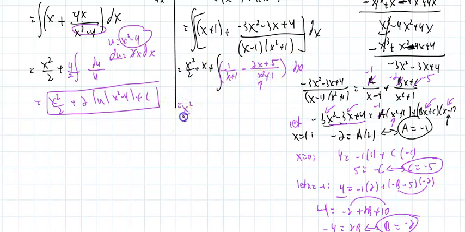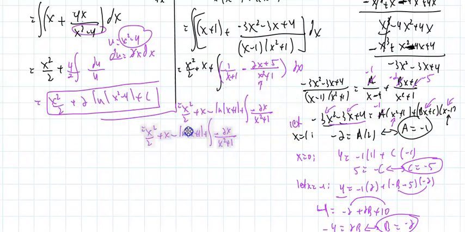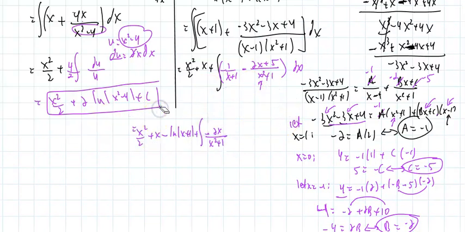So that is x squared over 2 plus x minus natural log of x plus 1. And the last piece, I need to split them up, plus the integral of negative 2x over x squared plus 1 dx minus the integral of 5 over x squared plus 1 dx.